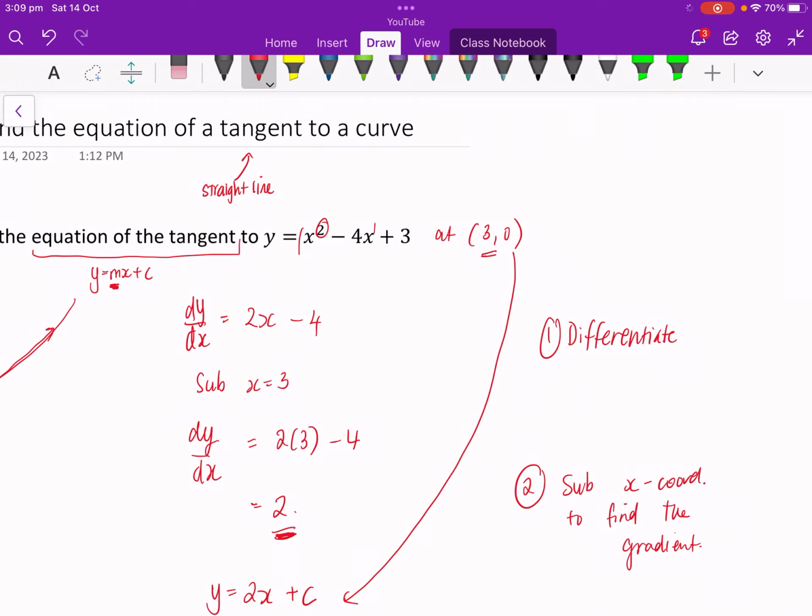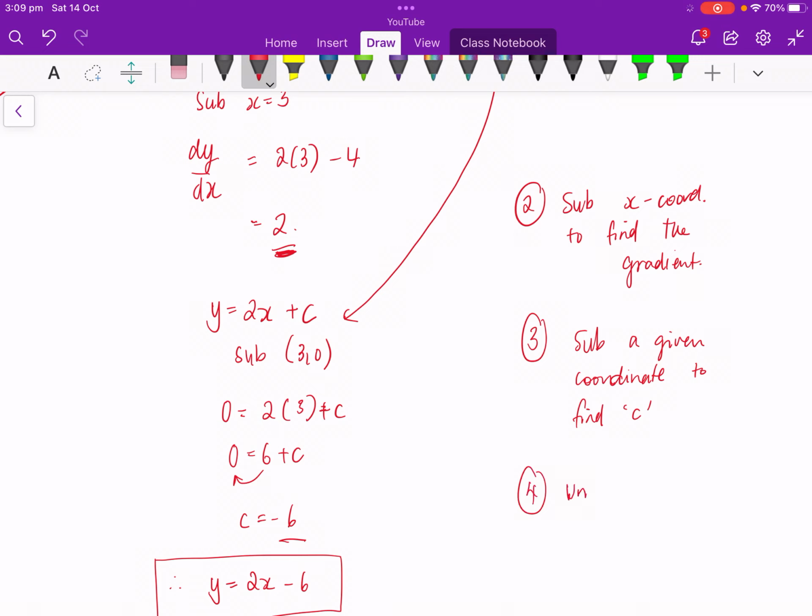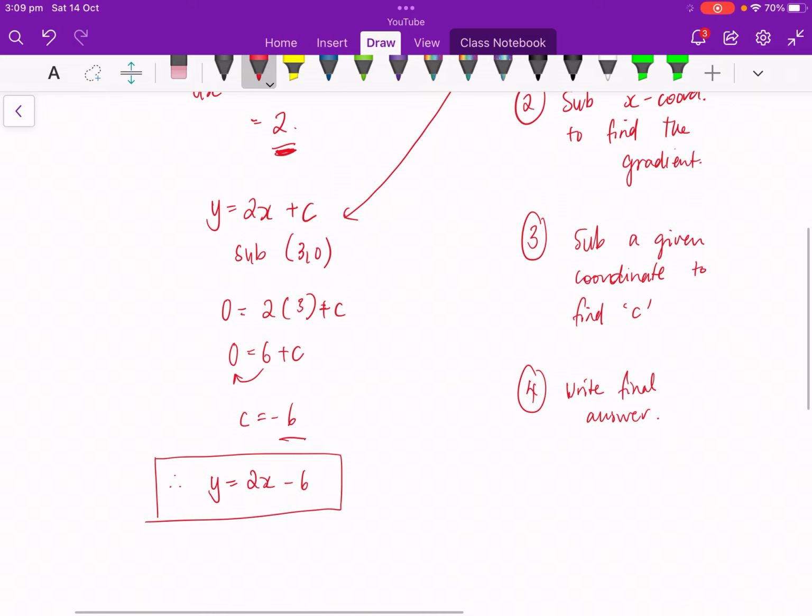The next thing you'll want to do is substitute in a given coordinate to find c, or the y-intercept of the tangent, by the way. And then the last thing is write your final answer. Your answer will be in terms of y equals mx plus c.